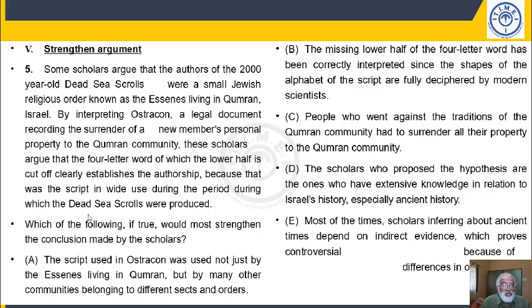Some scholars argue that the authors of the 2000-year-old Dead Sea Scrolls were a small Jewish religious order known as the Essenes living in Qumran, Israel.